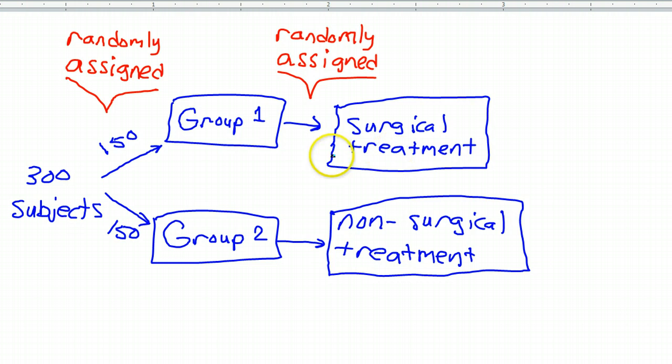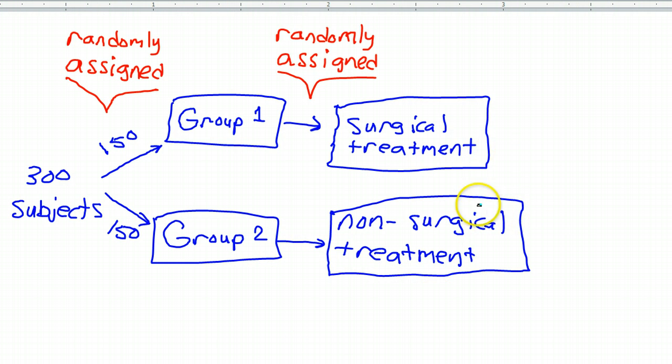All right, and then you assign each group one of the two treatments. So you can say group 1 gets the surgical treatment and group 2 gets the non-surgical treatment. But it could have been the other way around. Maybe group 1 could get the non-surgical treatment and group 2 could get the surgical treatment. And again, you want to assign the treatments to the groups randomly. So the subjects were randomly assigned to the groups, and then the treatments were randomly assigned to the groups.